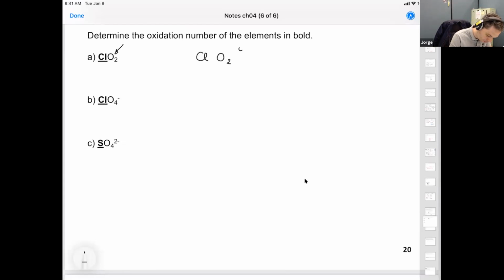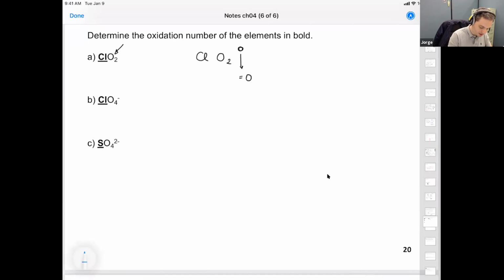I'm just going to write 0 here to make it easier, but you need to know that there is no charge over there. If the net charge of the compound is 0, that means the sum of the oxidation numbers for all the atoms in the structure must be equal to 0.